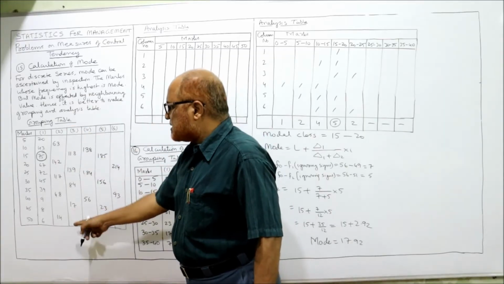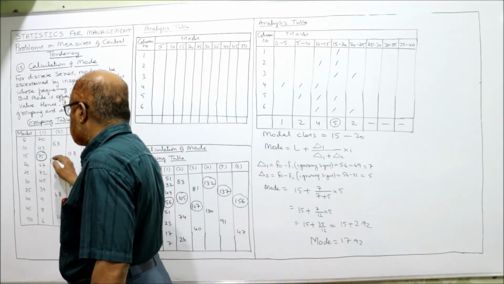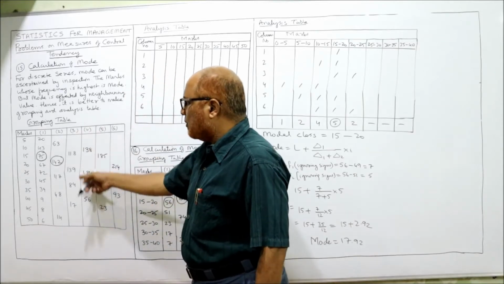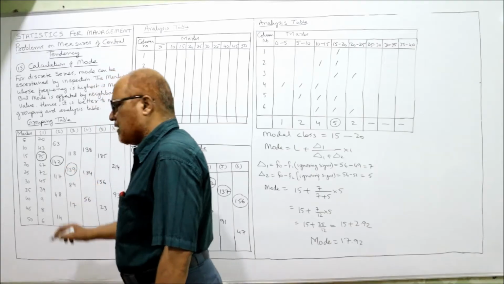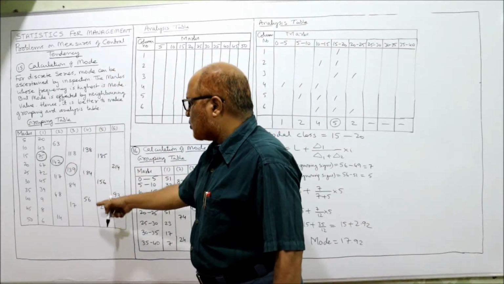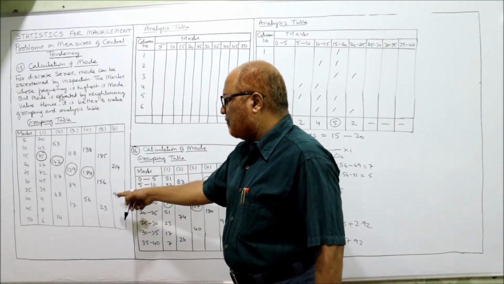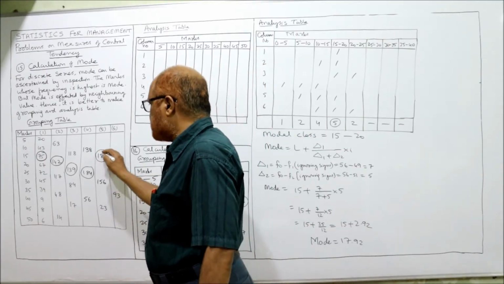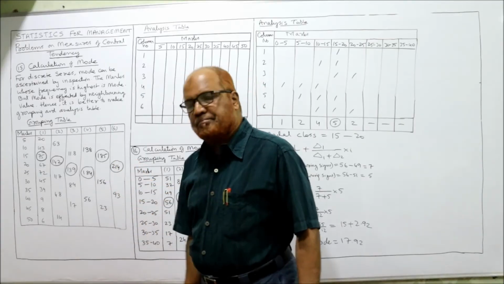Second column, highest is 142. I am putting 142 again in a circle. Third column, highest is 139, in a circle. Fourth column, 184, in a circle. Fifth column, 185 in a circle. Last column, 214 in a circle.